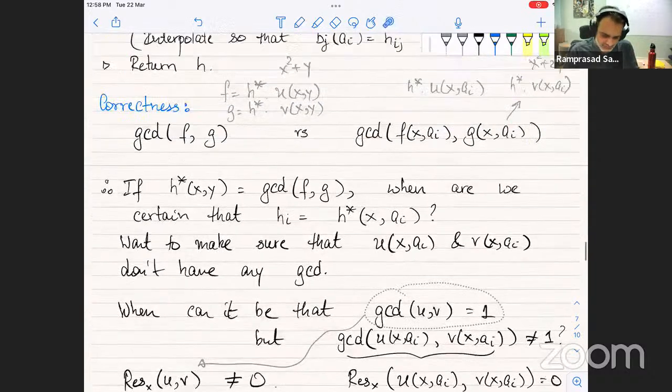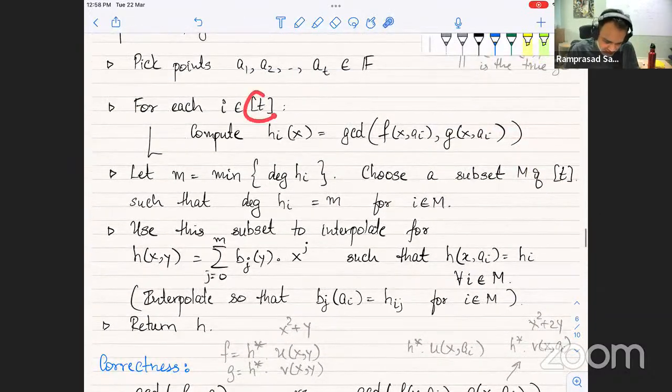So that's what you do. You just need to make sure that this t is large enough. So t is bigger than or equal to 2d squared plus whatever is needed for interpolation.